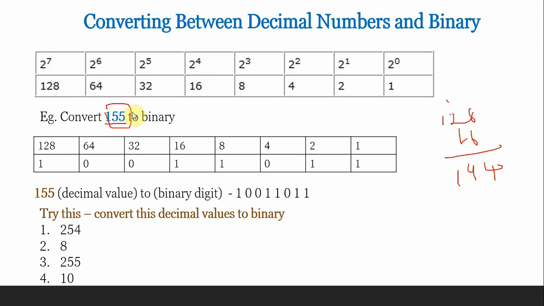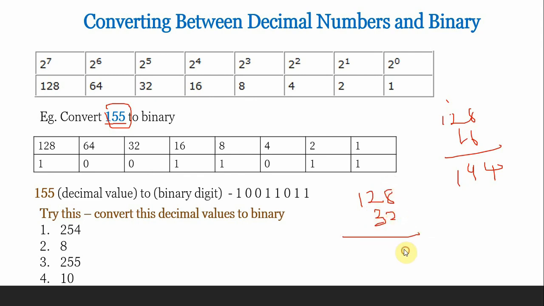144. If I try to add 64, it exceeds this number, so I have to pick another number, which is 32. Sorry, 128, let's use 32 and see how it goes.